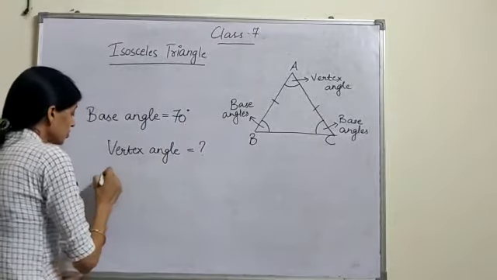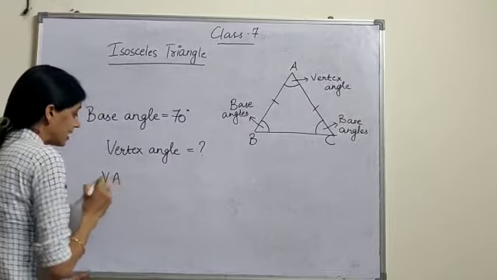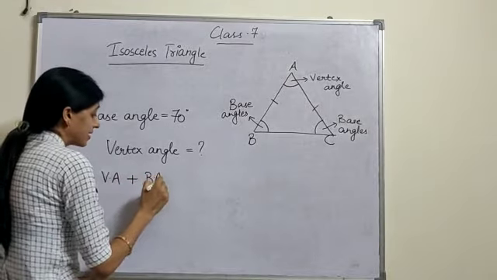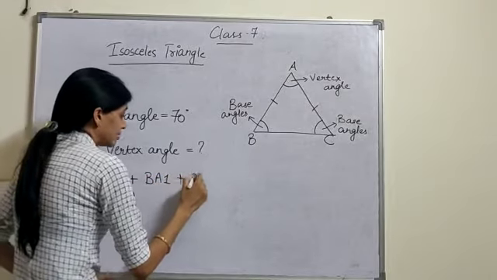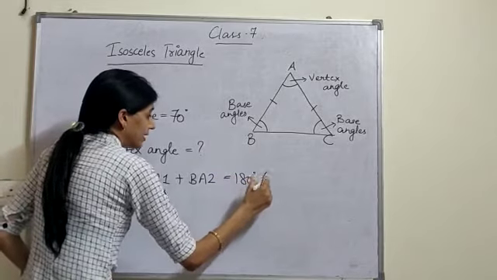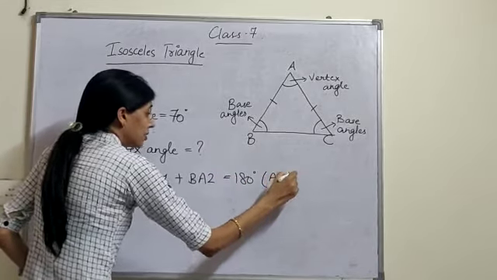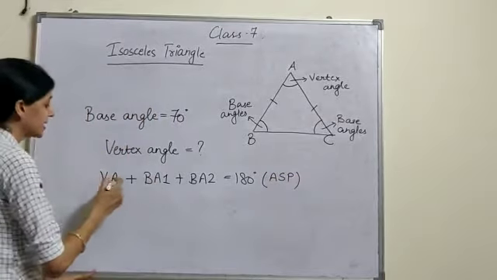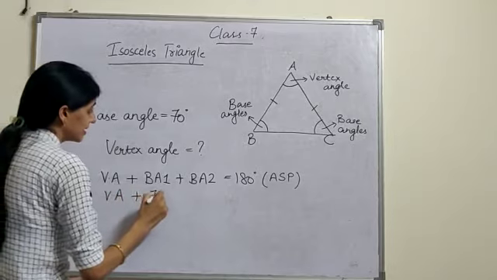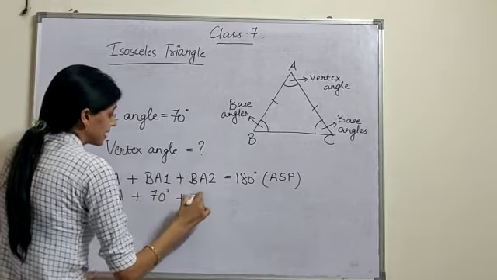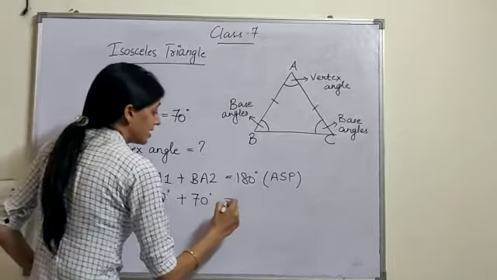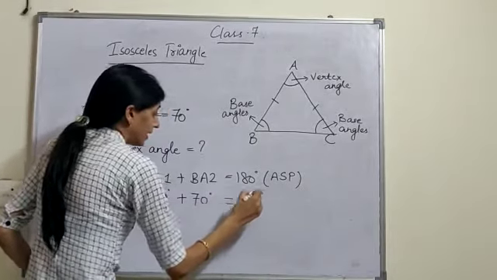So, in short form, vertex angle plus base angle 1 plus base angle 2 equals 180 degrees. Now what is the vertex angle? That we have to find out. The base angle is 70 degrees, and the second base angle is also 70 degrees because both base angles are equal.